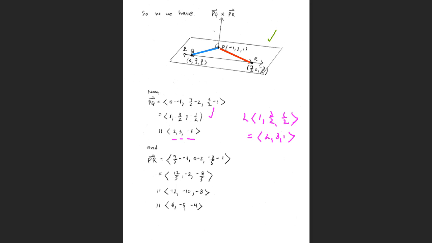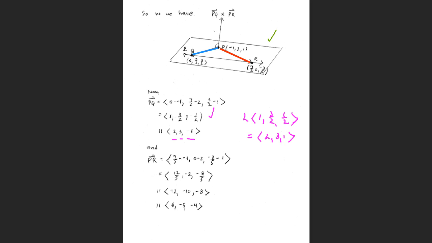These vectors are in the plane, so any multiple of those vectors would also be in the plane. So 2, 3, 1 is in the plane. And the reason I want to work with 2, 3, 1 is it's easier because I don't have fractions.